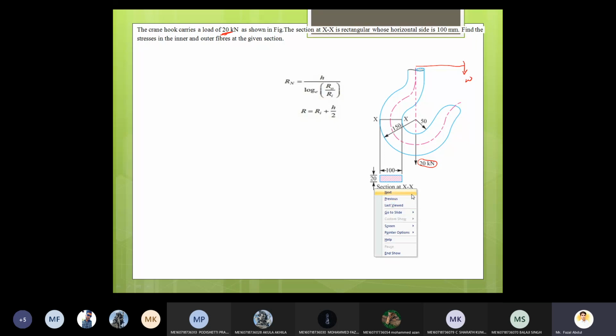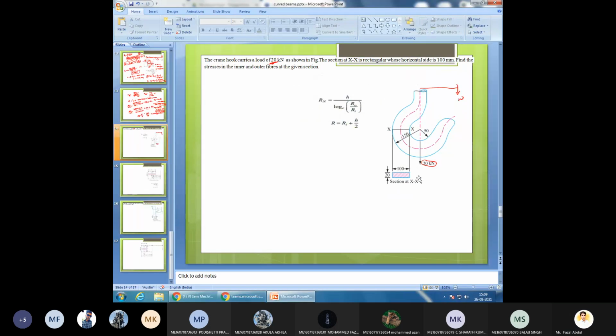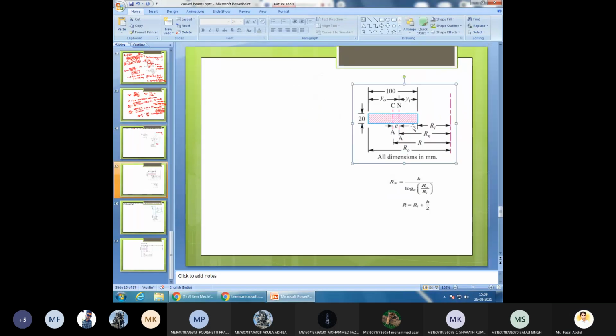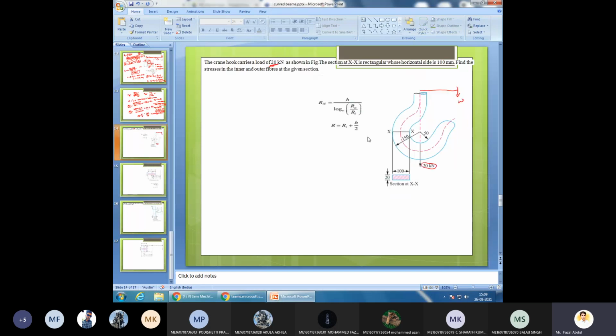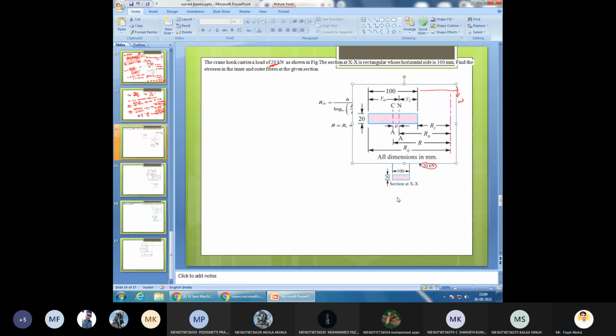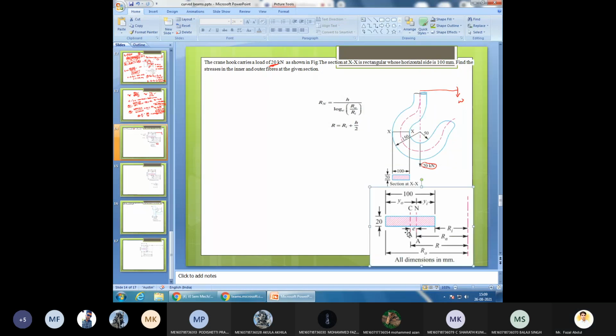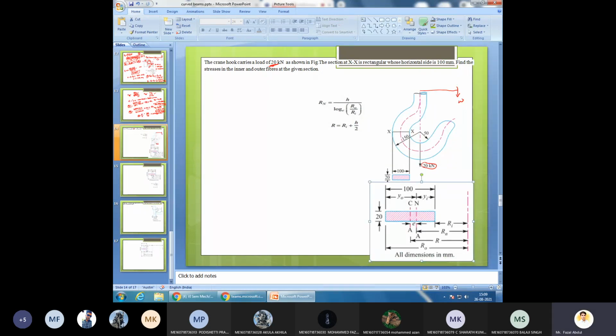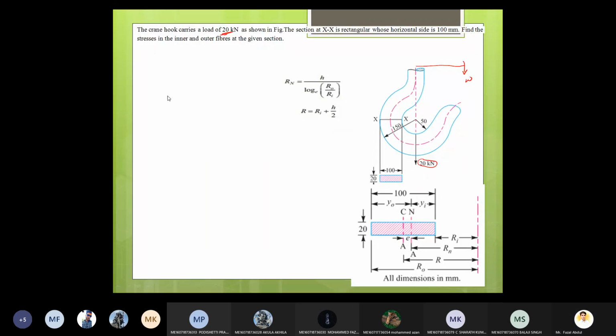So I am drawing the space diagram. This diagram is also very important, you have to remember this diagram also. After seeing the figure, whatever the cross-sectional area is, you have to enlarge it in this space diagram.